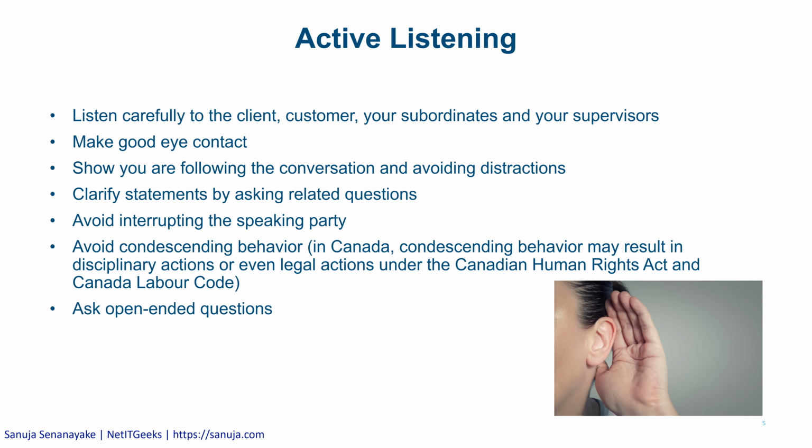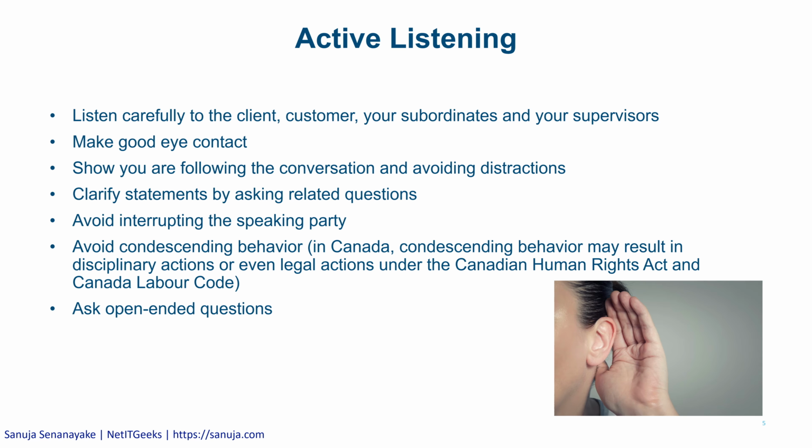Especially in Canada, condescending behavior may result in disciplinary actions or even legal actions under the Canadian Human Rights Act and the Canada Labour Code. So there are two codes or laws in Canada that may come into play if you have condescending behavior: the Canadian Human Rights Act and the Canada Labour Code.